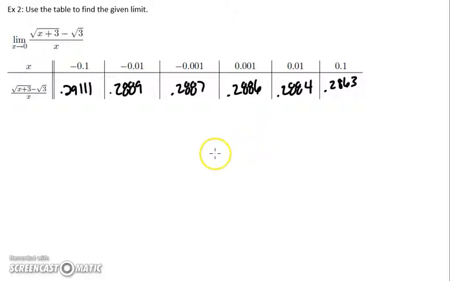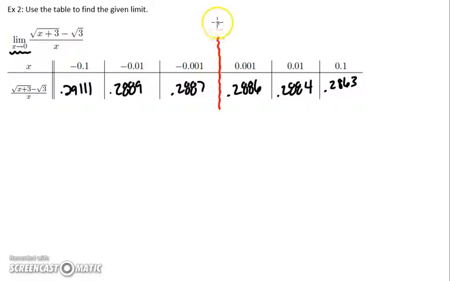So what we're really thinking about here is turning this into a graph in your mind. As we get really, really close to the x value of 0, what does my graph look like? Well, 0 is going to fall right in between these two numbers.